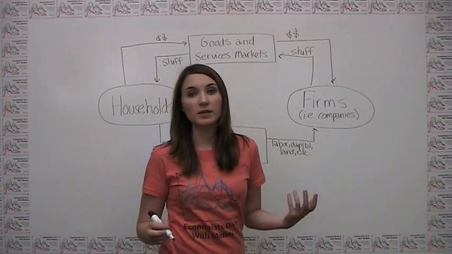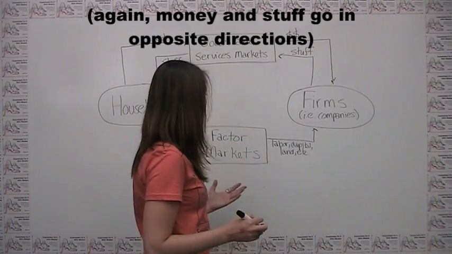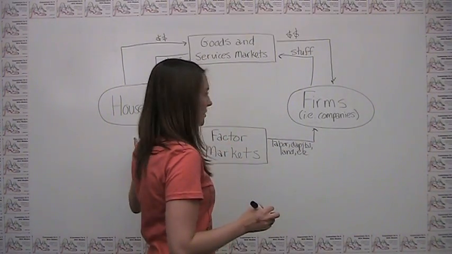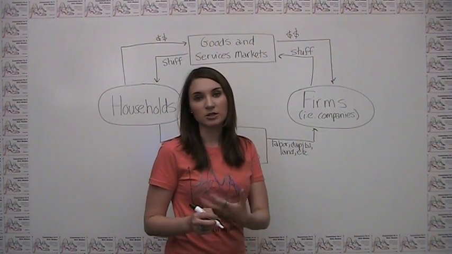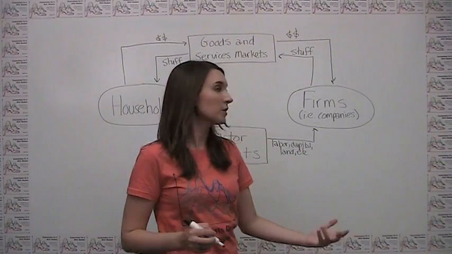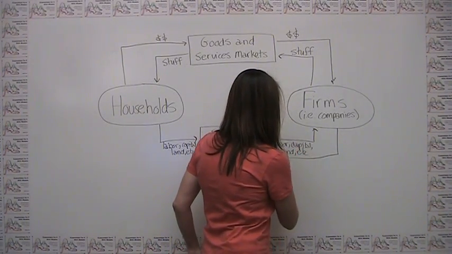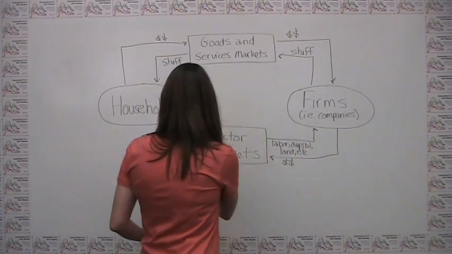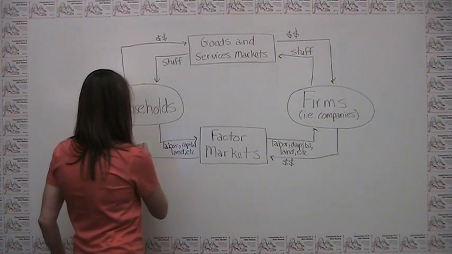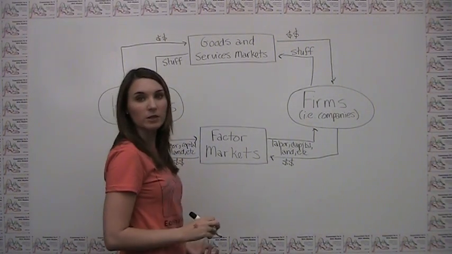On the other hand, because we're always exchanging money for stuff, we can think about the dollars flowing in this general direction, because the households are receiving money in exchange for giving up their factors of production. So we have the dollars flowing from the firms or companies, and we have the dollars flowing to the households in the factor markets.